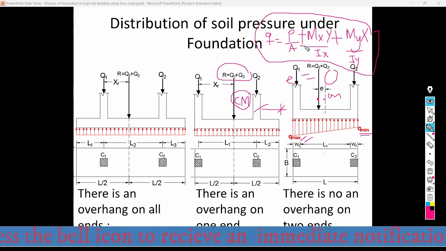Here it is plus or minus, because the clockwise moment can be considered as positive, and the anti-clockwise moment can be considered as negative. Keeping this sign convention, we can calculate the soil pressure, that is Q min and Q max, at any point of the mat or combined footing, that is, the rectangular footing foundation.